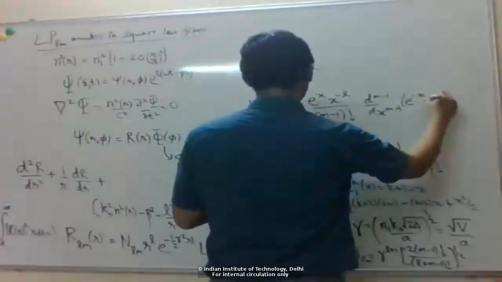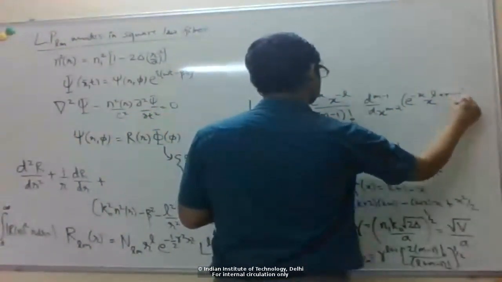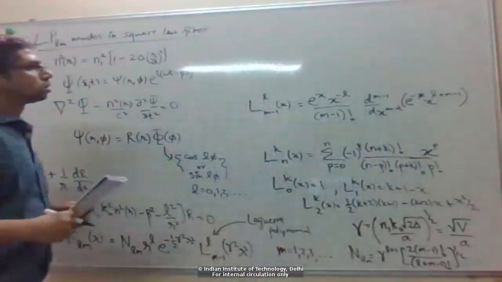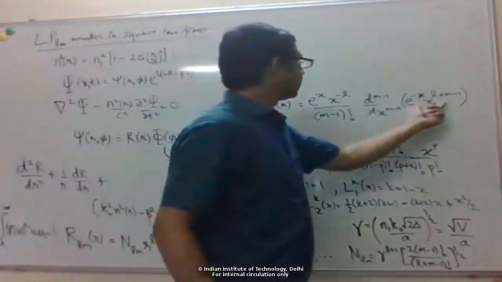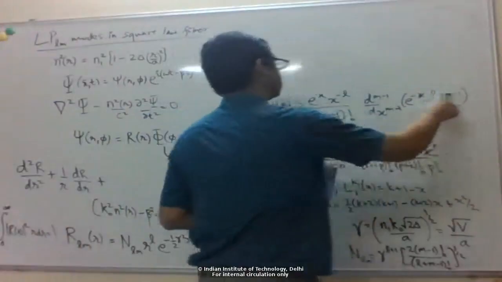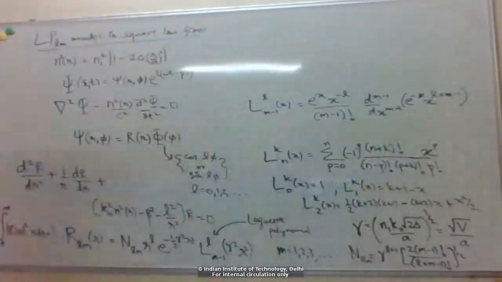Similarly here, you take the m minus 1th derivative of this function, and you'll get the Laguerre polynomial.